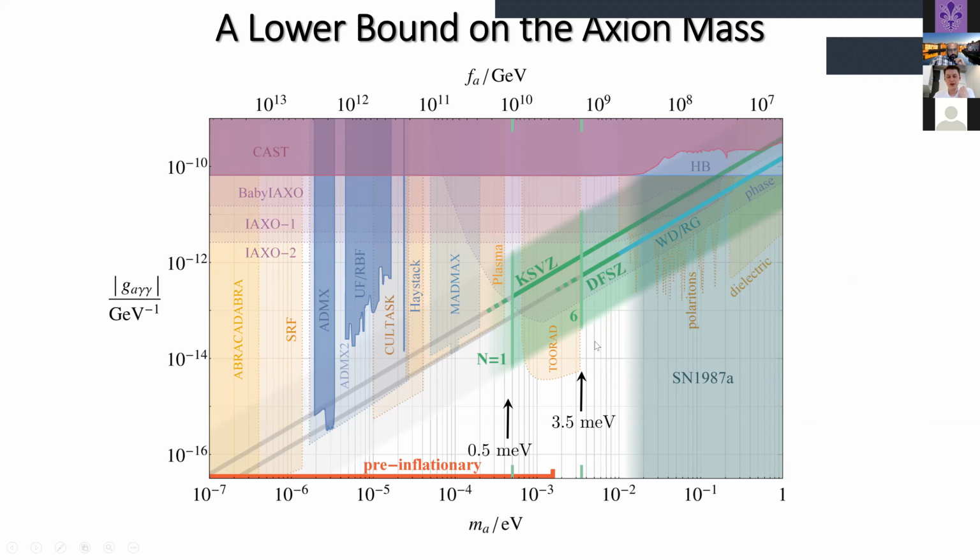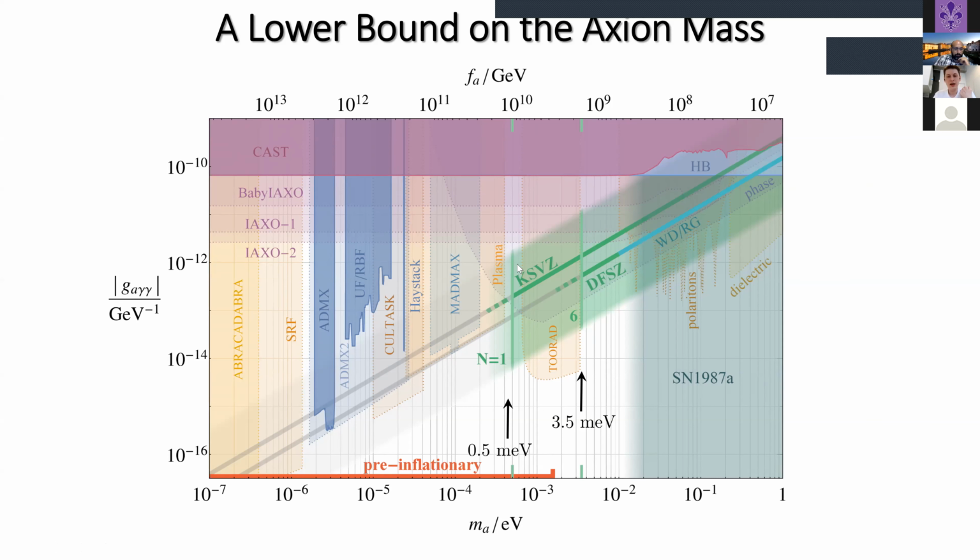And as you see, in this scenario, there's still a small window between this point and the supernova bound. And therefore, this motivates to look at this window a bit more in detail, and to think about experiments in this range. Finally, I want to say that we are neglecting the number density from domain walls, which is expected to enhance those from strings.